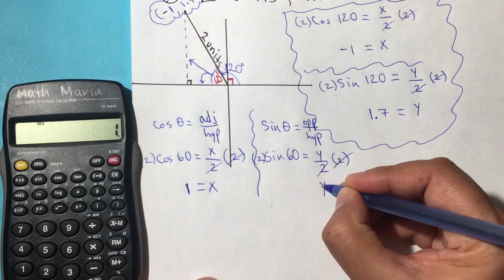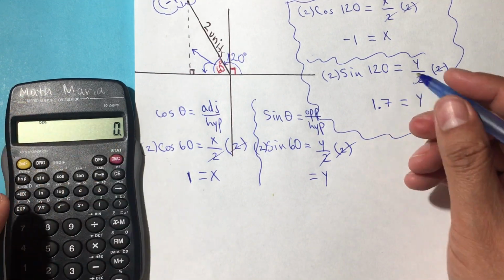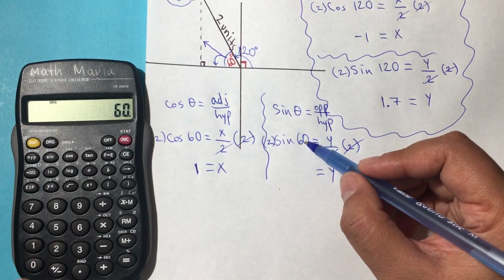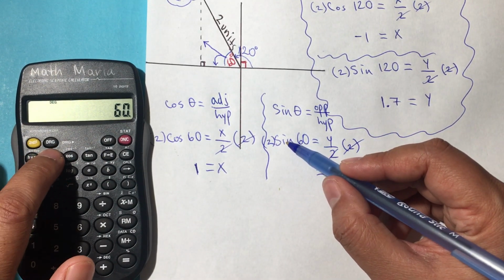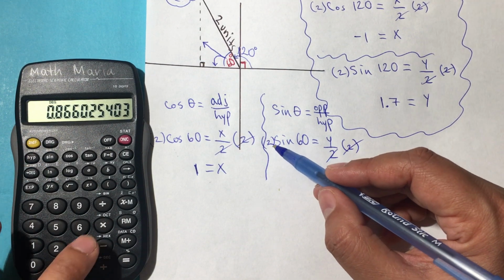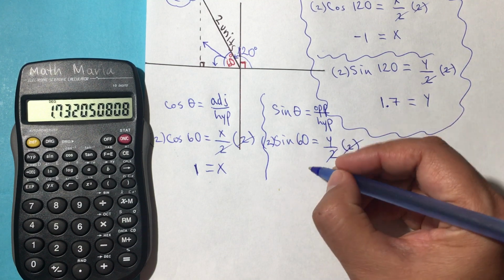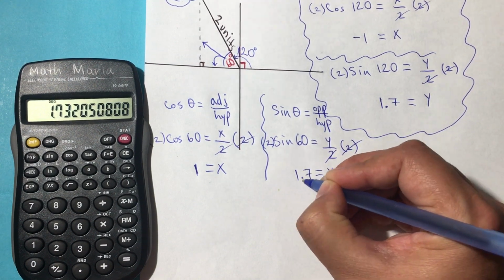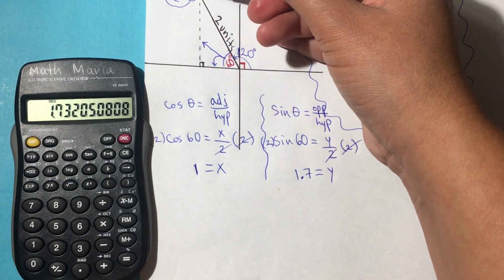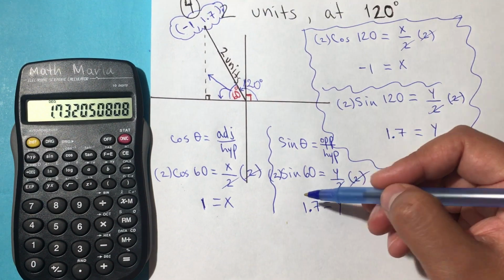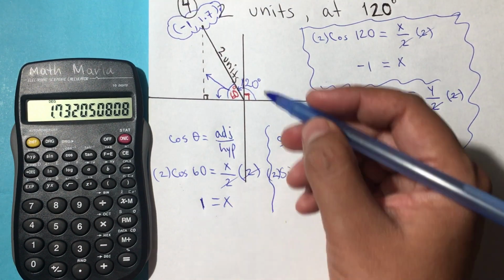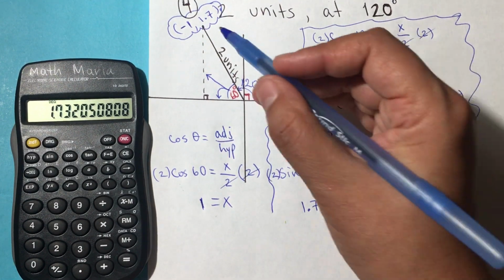This cancels, and y is equal to 60 sine times 2 equals 1.7. And then you check that it's going up, so it's going to stay positive. We don't change the sign to negative once we write it here for the 1.7.